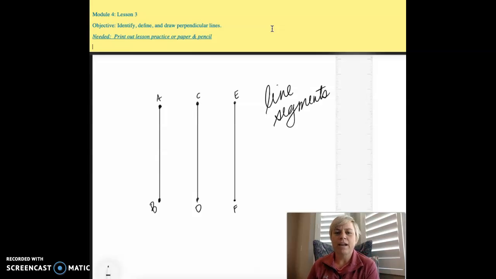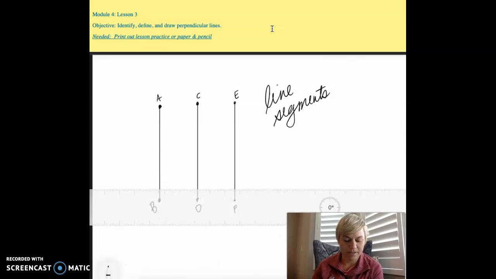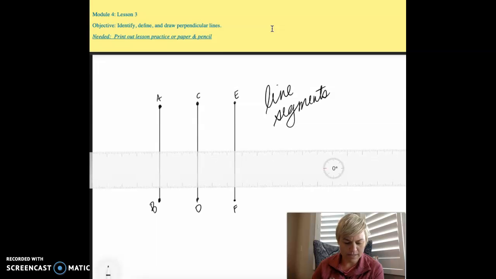Alright, now we're going to estimate about halfway between the A and the B to make another line. So let's estimate where about halfway would be. I'm going to take my ruler here and try to get it nice and straight. That looks straight. Oh, you know what? It'll tell me if it's straight, won't it? Yep, it says 0. That means it's straight.